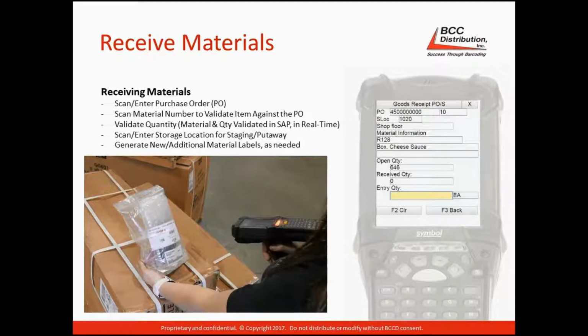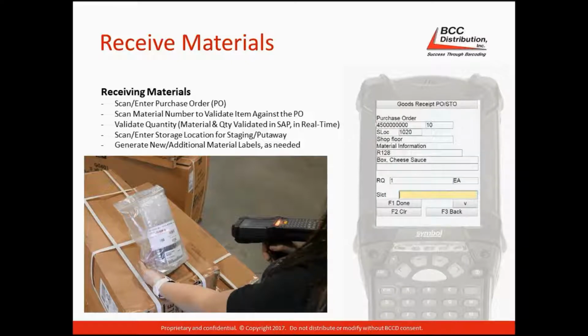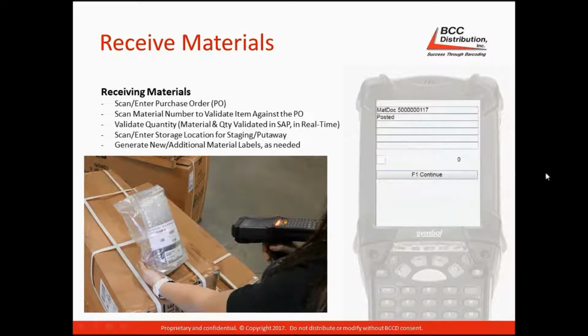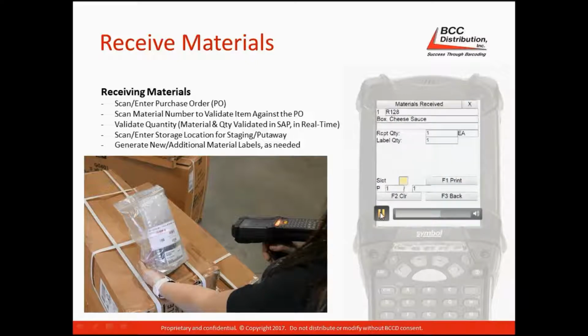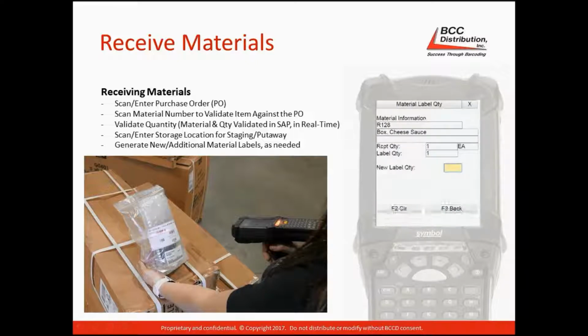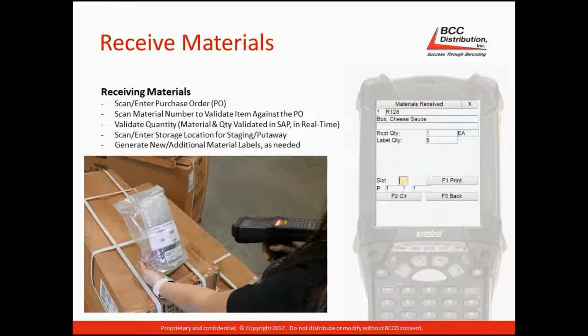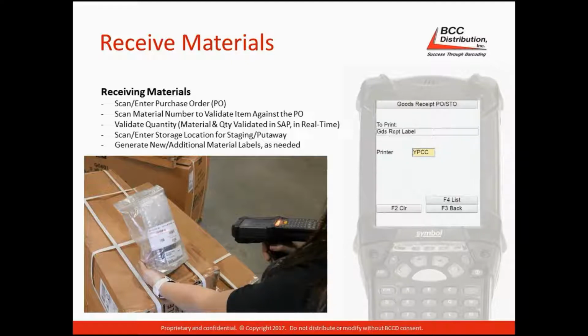So again, this gives you an example of a MIGO 101 transaction. We're validating a purchase order. Now again, as I mentioned, the information you see here is customized to this customer. They wanted to see descriptions, they wanted to see quantities, they wanted to show receipts, and have the ability to generate.